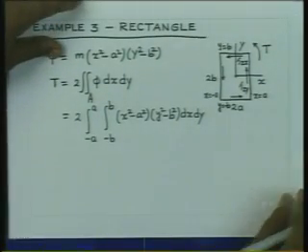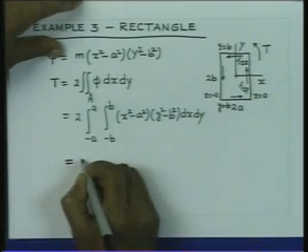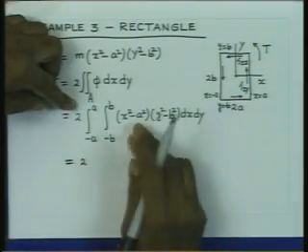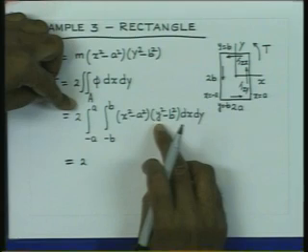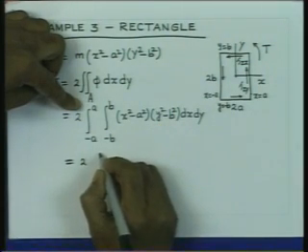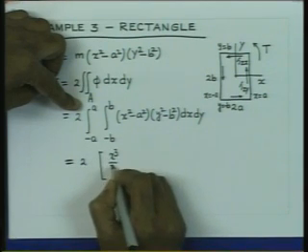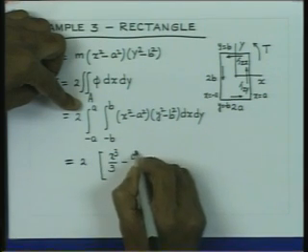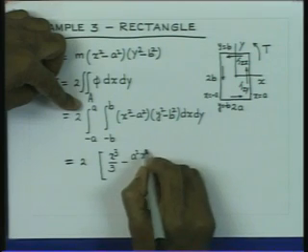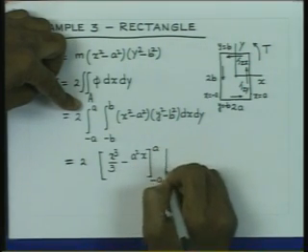Since the limits of integration are constant, we can do the integration of this function with respect to x and this function with respect to y, and we get x cube by 3 minus a square x from minus a to plus a.